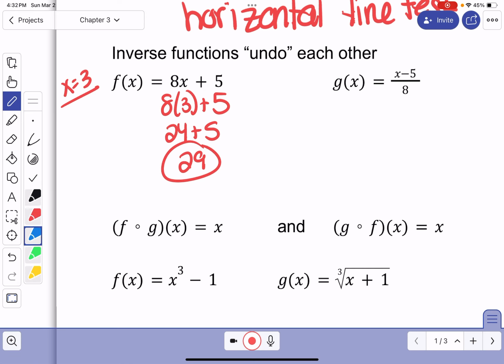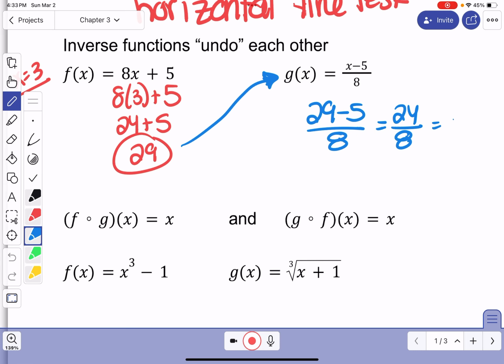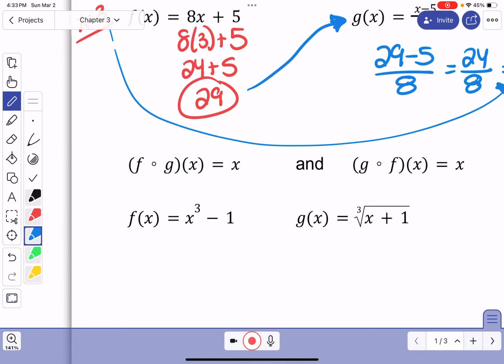If I plug that 29 into g, if it's actually an inverse, we'll end up with what we started. So 29 minus 5 is 24. 24 over 8 is 3. So because that's what we started with, the function undid the work and became the same number. We ended where we started, so they're inverses.